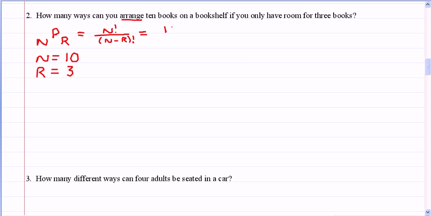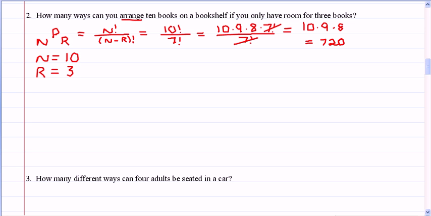So we have 10 factorial over 10 minus 3, which is 7 factorial, and I take 10 and I multiply it down, but I stop at 7 because I have a 7 in the denominator, and the 7 factorials cancel, so that I'm just left with 10 times 9 times 8. And 10 times 9 times 8 is equal to 720.